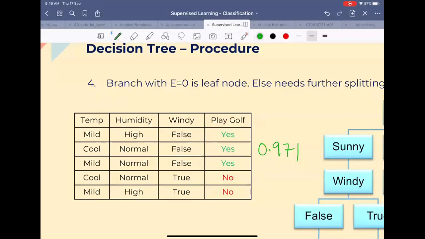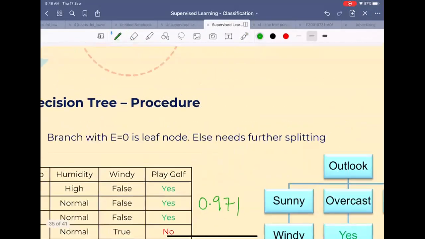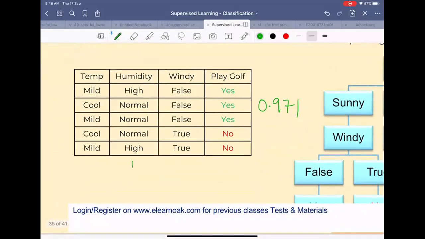If I look at temperature and play golf, yes and no, let me do it a bit neatly. Play golf can have the values yes or no. Temperature can have mild or cool.